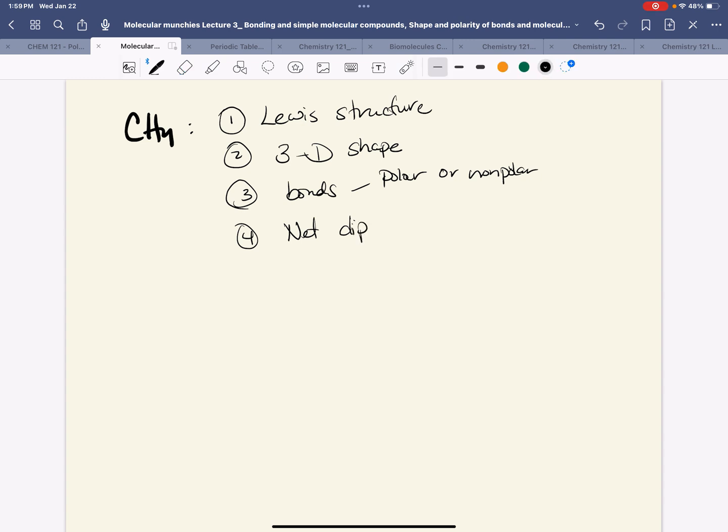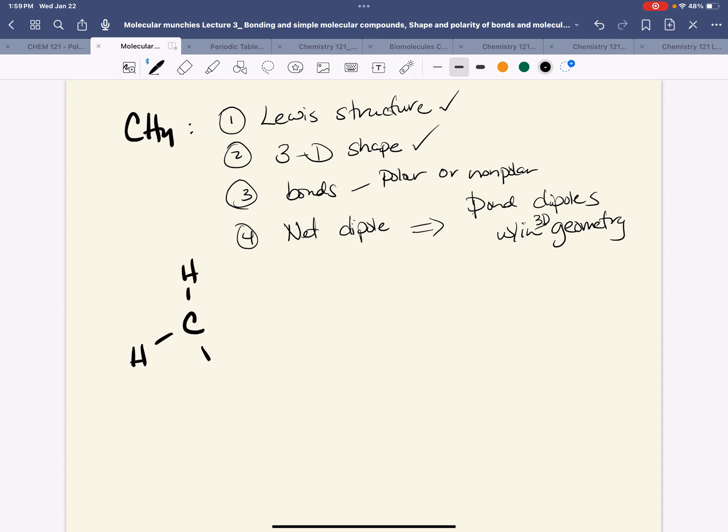So the net dipole basically is a manifestation of the bond dipoles within the 3D geometry. Okay, so methane, we've done the Lewis structure, we know the 3D shape, and we know that it is tetrahedral. We know that none of these bonds are polar, and therefore we don't have to indicate any dipoles.